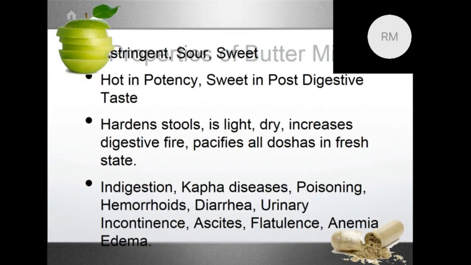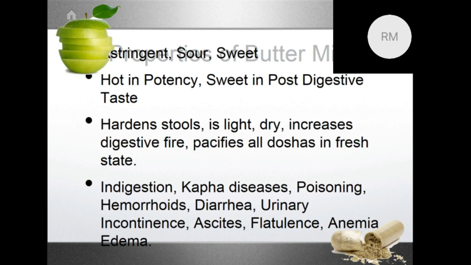So buttermilk, general properties, it is astringent, sour and sweet, and you must take buttermilk before it becomes too sour. Sour buttermilk can cause acidity. It hardens the stools. It's a very good treatment for diarrhea.